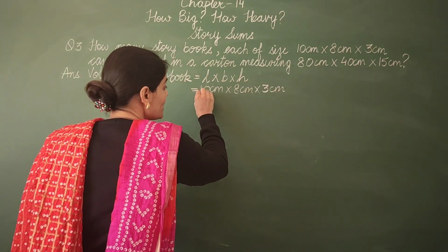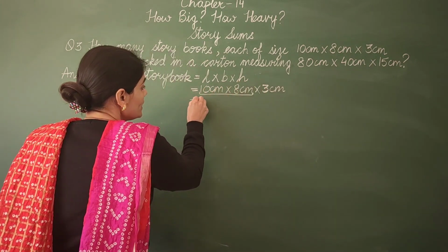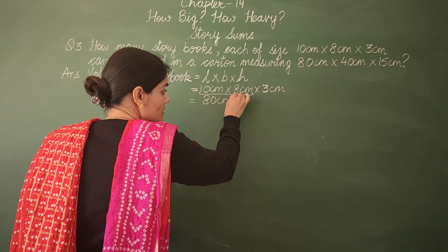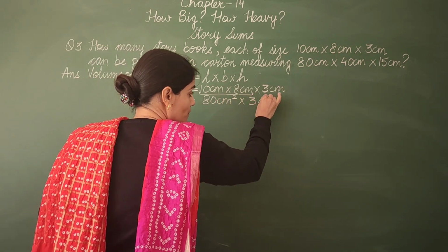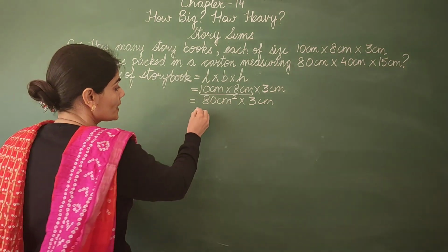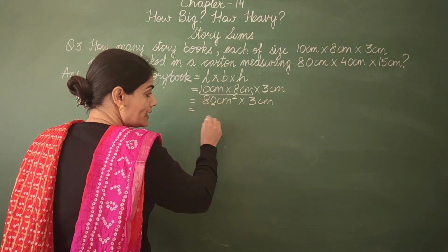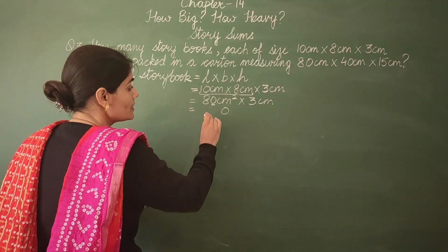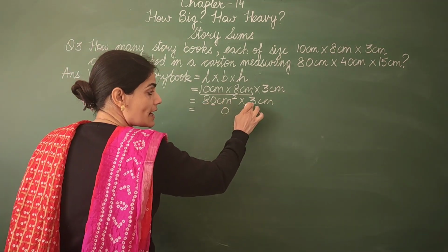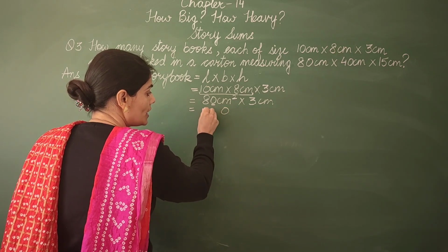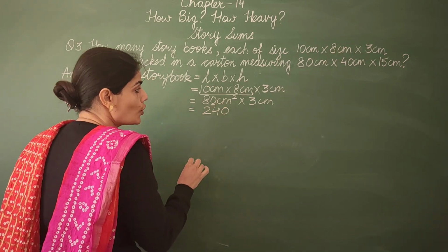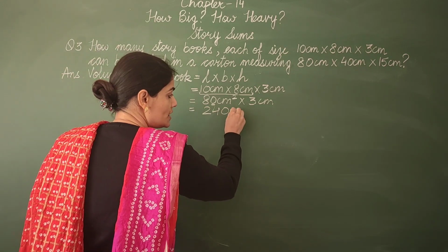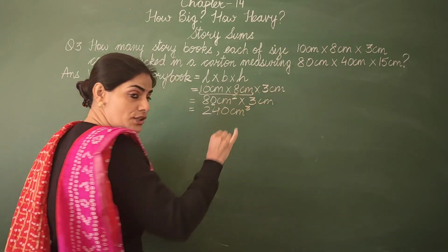Now we multiply the first two dimensions. 10 times 8 is 80 centimeters squared multiplied by 3 centimeter. Now, as it is ending in a 0, I write in the product 0 like this. Now, what are we left with? 8 times 3 is 24. So the volume of a storybook is 240 centimeter cubed.